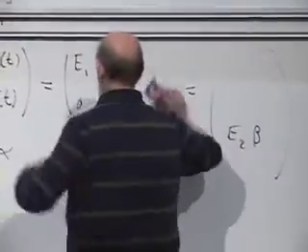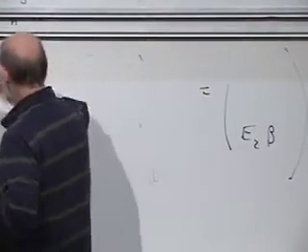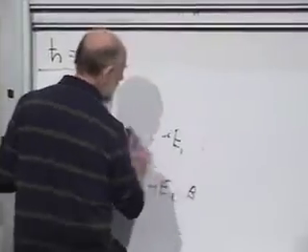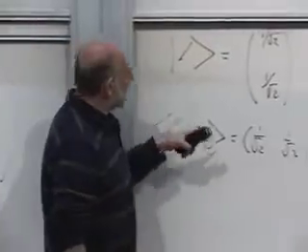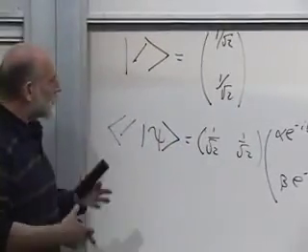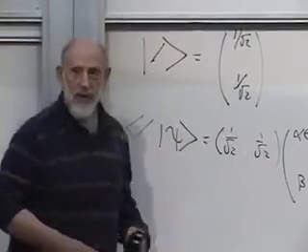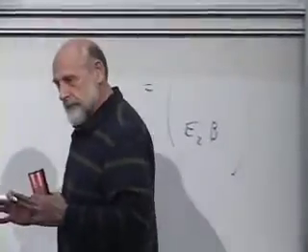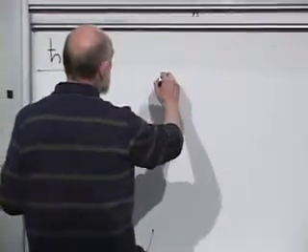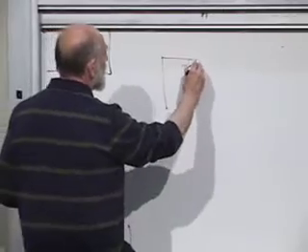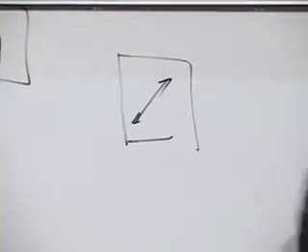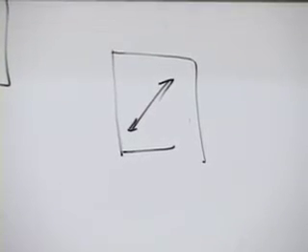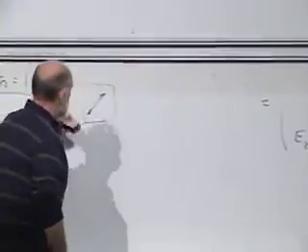But before we do, I want to simplify the problem a little bit by choosing alpha and beta in a simple way. I'm going to assume that alpha and beta are equal and both equal to 1 over square root of 2. This corresponds to the following experiment. We send the photon through a polarizer polarized along 45 degrees. That gives us an initial state at time t equals 0, which is just polarized at 45 degrees.